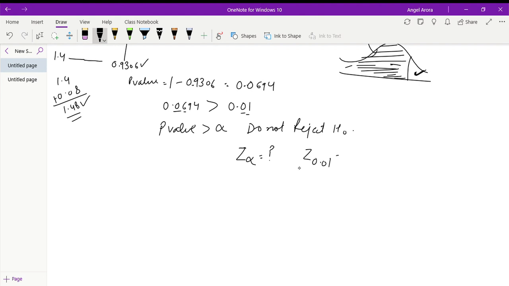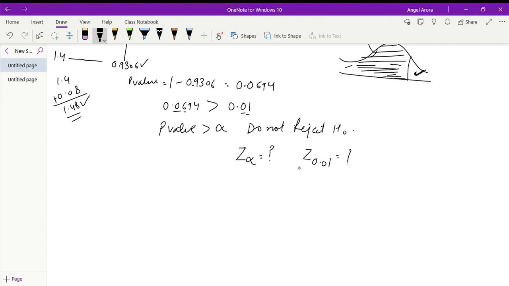So how to find this value? 0.01 means that we have to find under column number 0.01. Let's see. I have already told you this.